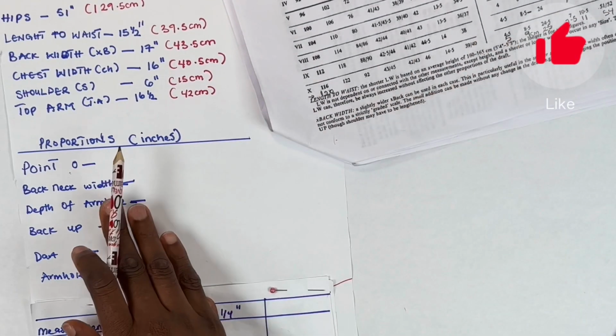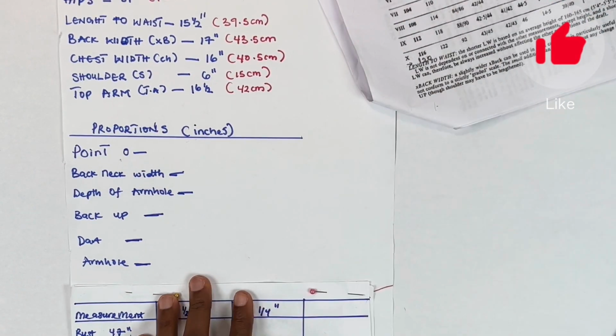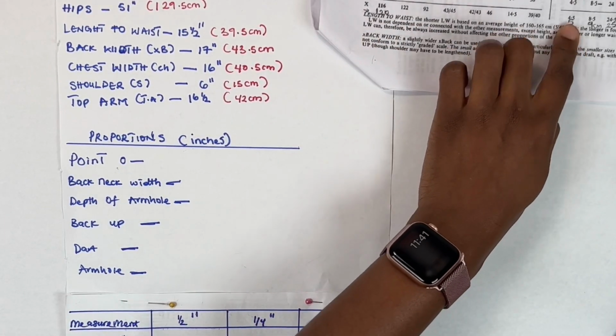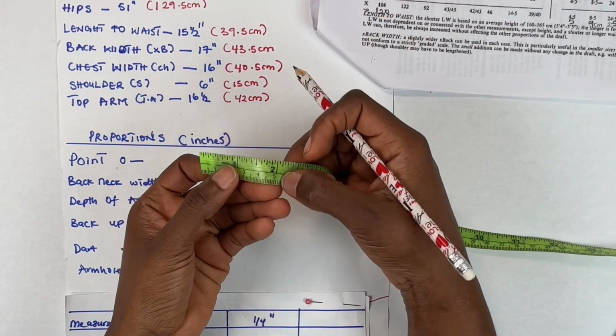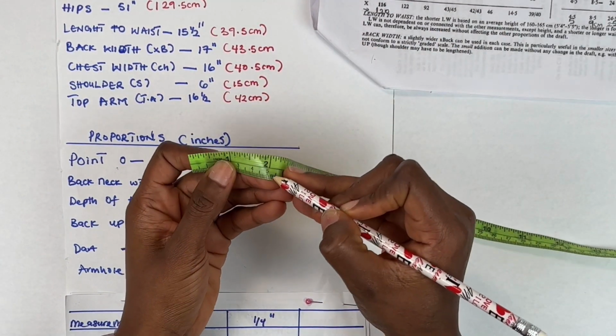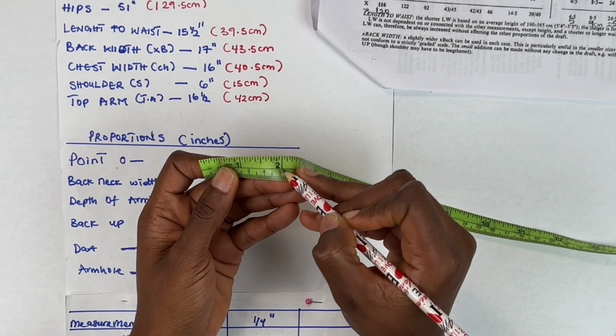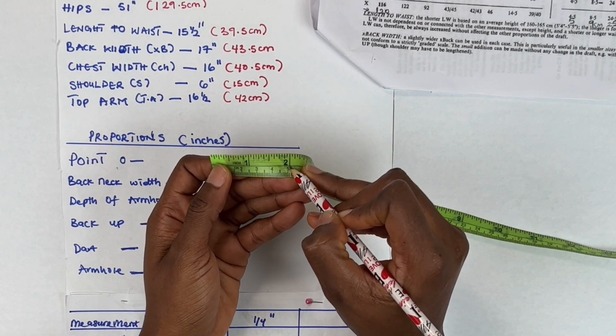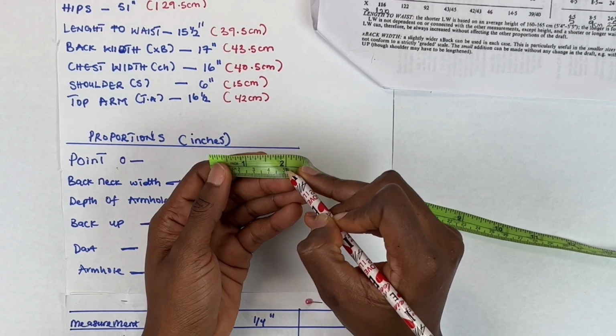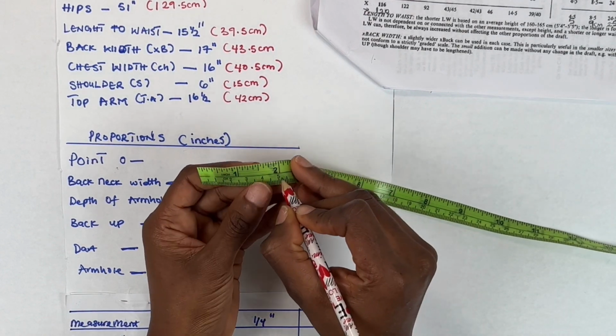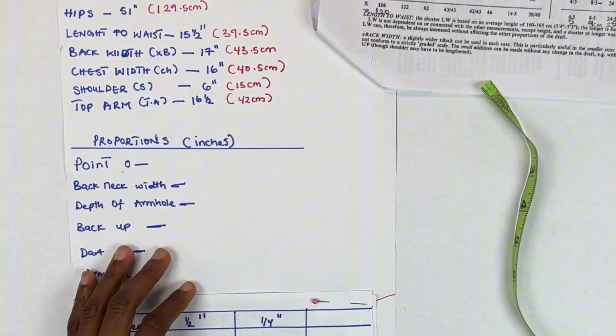Now I'm going to convert it over here to inches. So here for the point O, we had 5 centimeters, right? So 5 centimeters kind of falls almost at 2 inches, just almost. So I will be changing that to the nearest whole number or the nearest whole inch, as I said. So our point O is going to be 2 inches, right?